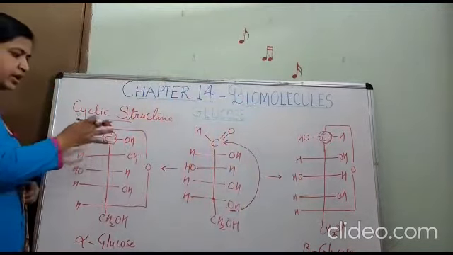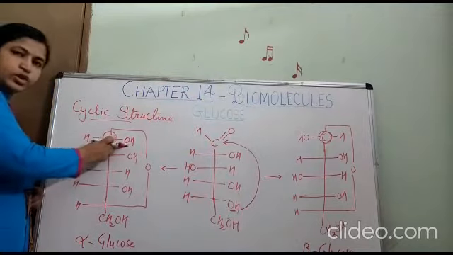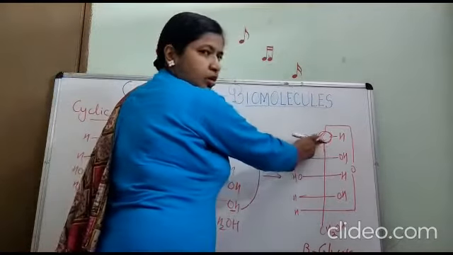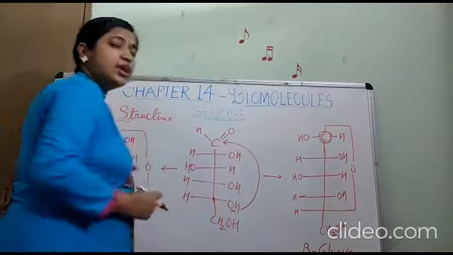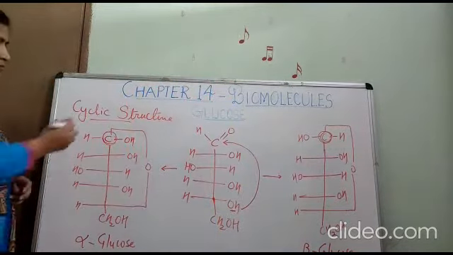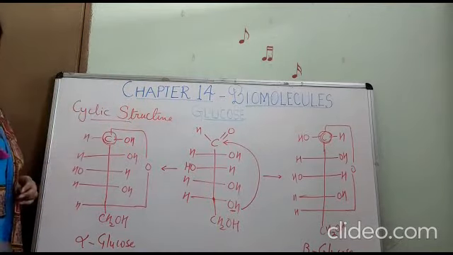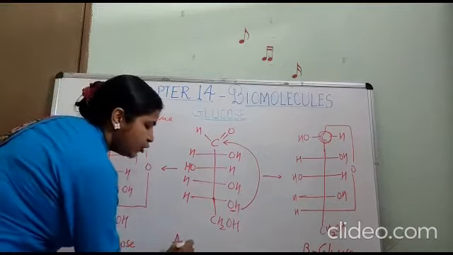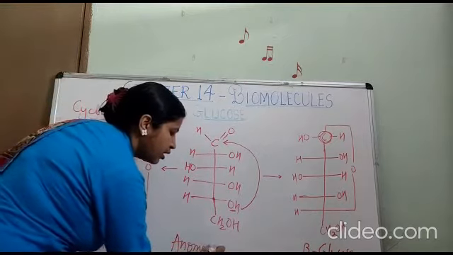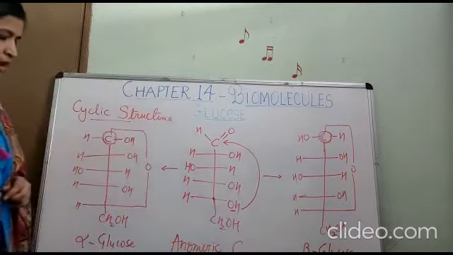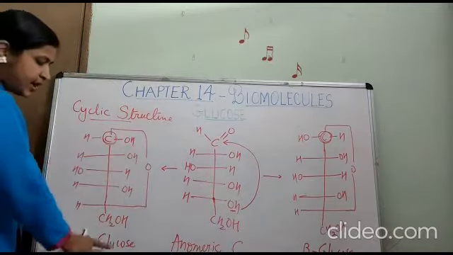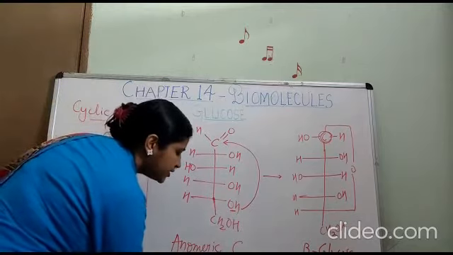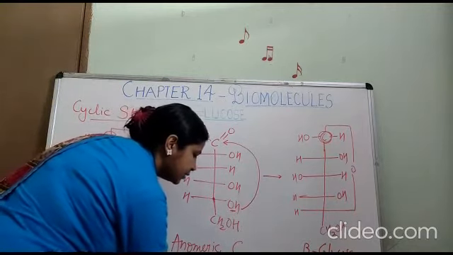On this carbon, in alpha glucose the OH is on the right side, whereas in beta glucose on this carbon the OH group is on the left side. So this carbon which differs in configuration is known as the anomeric carbon. And these two structures, alpha glucose and beta glucose, are known as anomers.